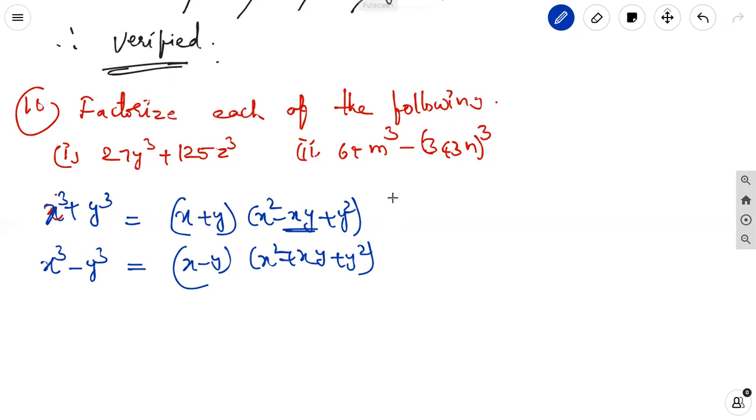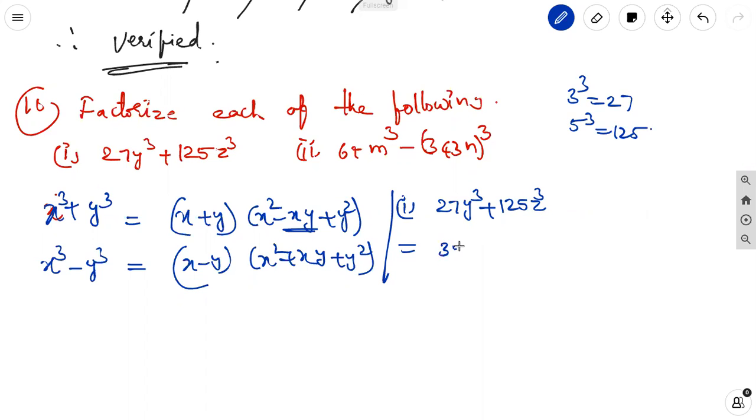Here the first question is 27y cube plus 125z cube. We know that 3 cube is equal to 27 and 5 cube is equal to 125. We can write it as 3y whole cube plus 5z whole cube. This is related to x cube plus y cube.